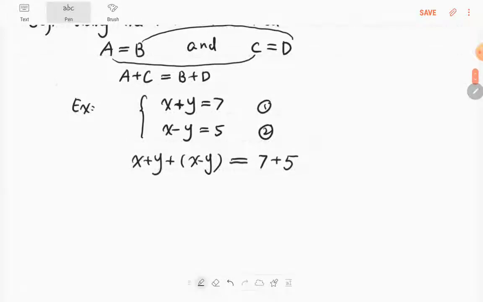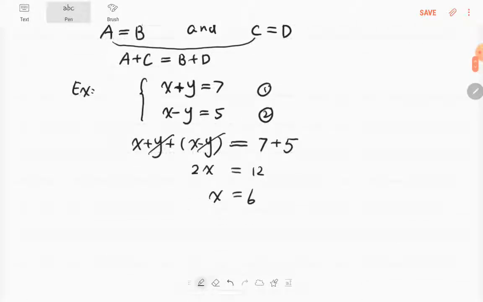After that, we know we could eliminate y and only keep the x term. So we will solve for x, and we realize x is equal to 6. So the basic idea is we try to remove one variable, only keep another one, right? Then we can solve for that. So in this case, we remove the y variable.